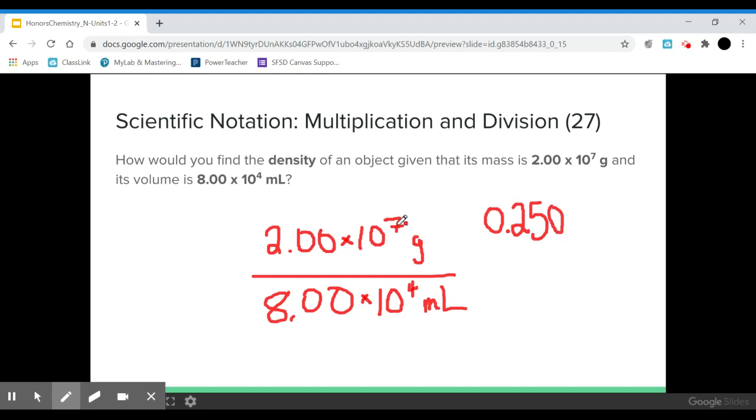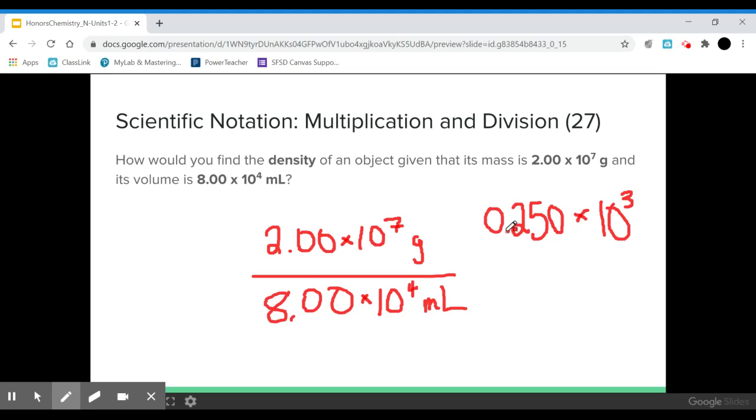Now, to follow the correct order of operations when you divide numbers that share the same base, 10 to the 7th divided by 10 to the 4th, I subtract those exponents. So 7 minus 4 is 3, so times 10 to the 3rd.